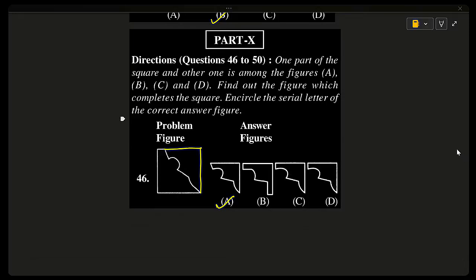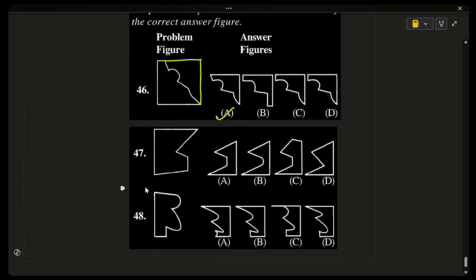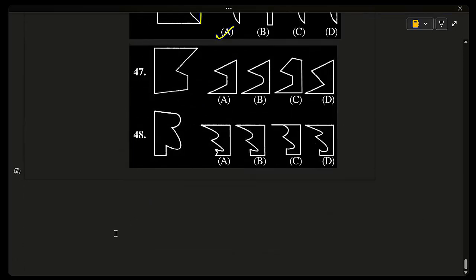47th one and 48. Try to complete the square by drawing. We can go with a horizontal line and a vertical line.